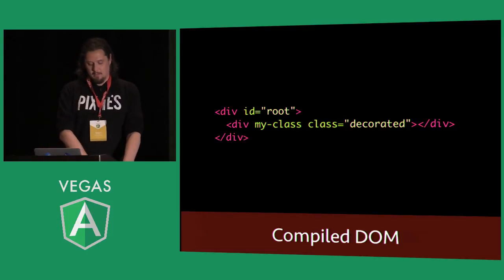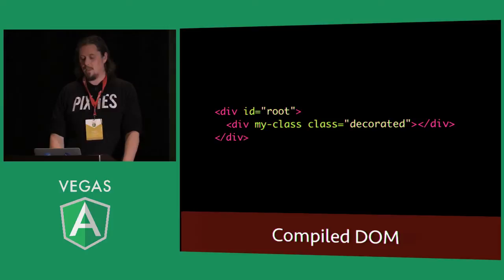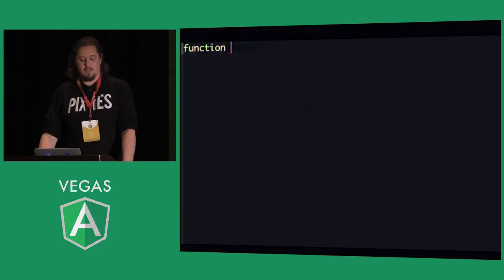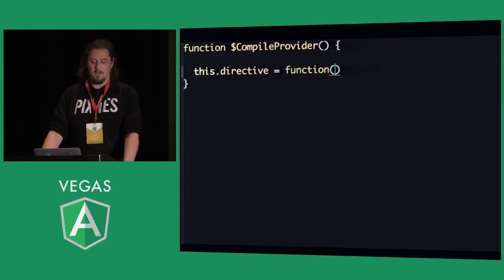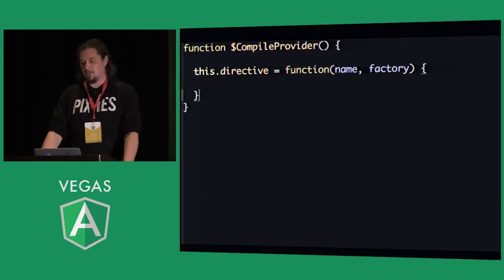So how might we build something like this? Well, we're going to need this compile provider into which we can register directives. It has this method called directive, which we already saw in action, that takes two arguments, the name of a directive and a factory function for it.